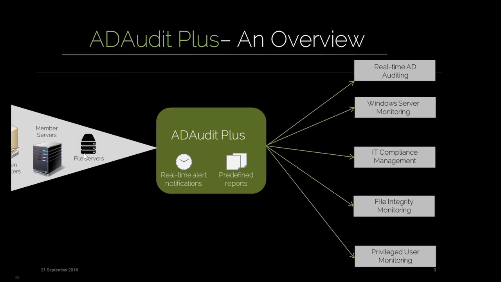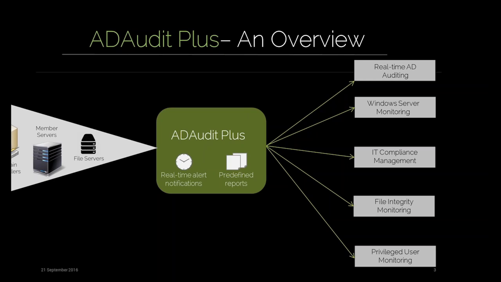The second one is the member server. So that's the second report we have in ADAudit Plus. Any changes that happen on the member server, right from the time a user logs on to that computer, I mean a member server, till the time the user has logged off from that computer, you will get all the information tracked by ADAudit Plus.